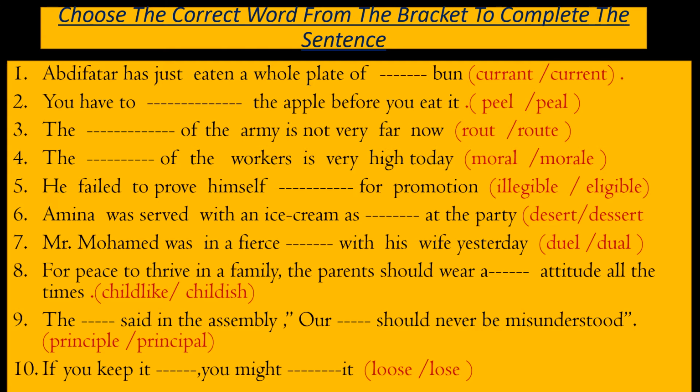Those are examples of moral. The second one, that is morale, means enthusiasm, the vigor or the eagerness to do something, the good spirit that one develops that pushes him to do something. That is the morale. Now we will say the morale of the workers is very high today, the second one.